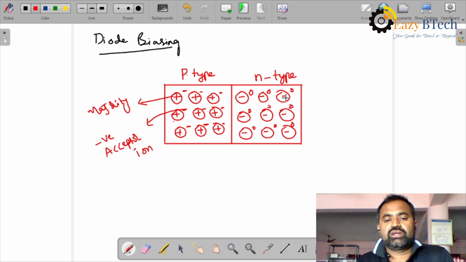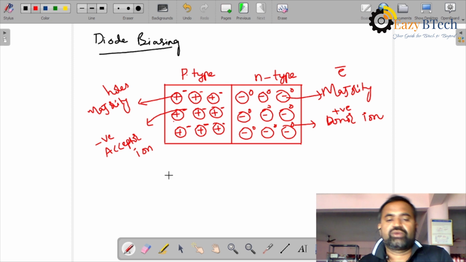In the N-type also it is the same: electrons, holes, and positive donor ions. This is a basic PN junction formation.